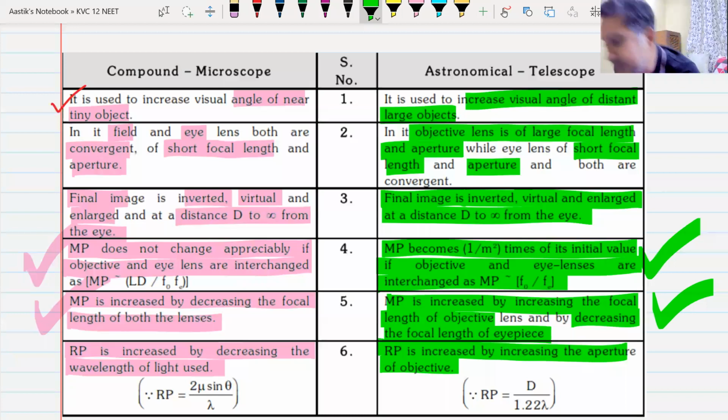Okay, then this is the difference between a compound microscope and an astronomical telescope. One of these points may come as a full-fledged question plus a 4-mark question in your exam. With this, we come to an end of this particular section of your course where we are done with your ray optics.